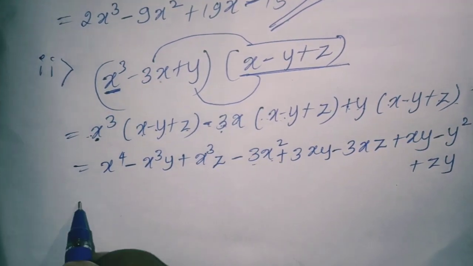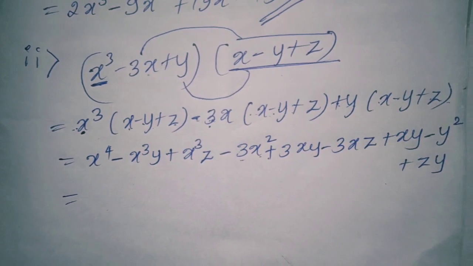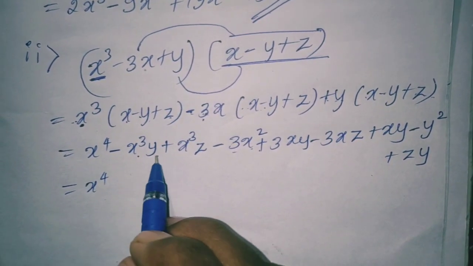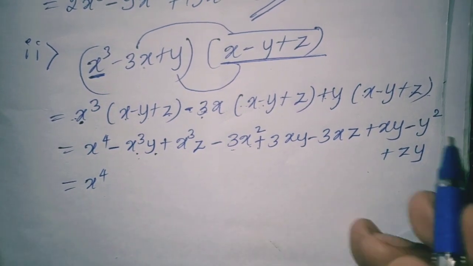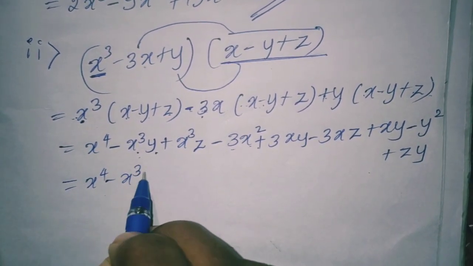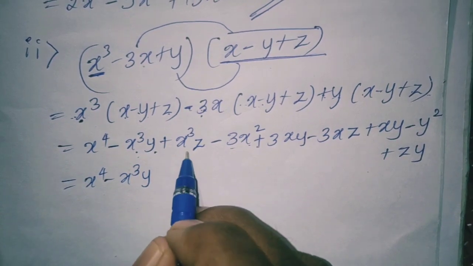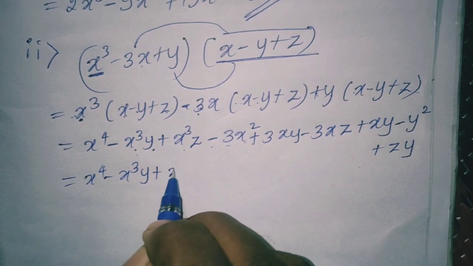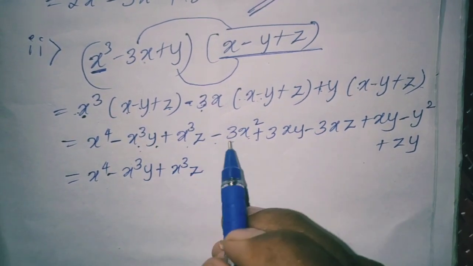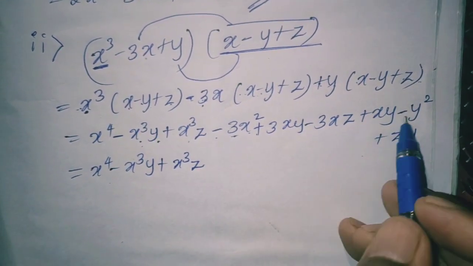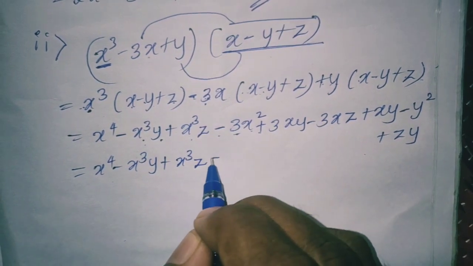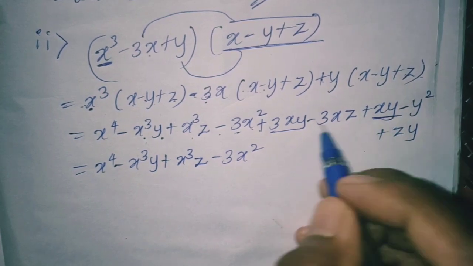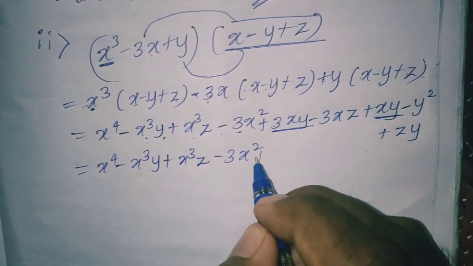Okay, next step. Now identify like terms. So here x raised to 4, then here x cube y is there. Is there any other x cube y? No. Keep this as it is, x cube y. Here x cube z is there. No like term with this x cube z, keep it as it is. Minus 3x square? No, keep this as it is. 3xy plus xy, these are like terms here. 3 plus 1, 4xy.